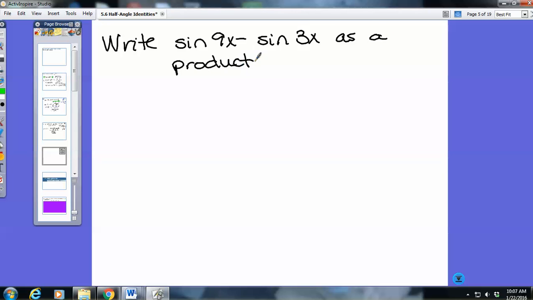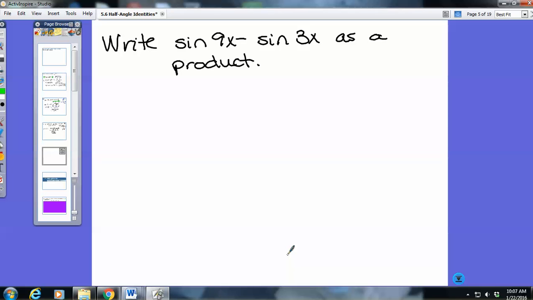Make sure you're looking at your formulas so you can pick these out yourself. Don't just wait for me to write it up here. You guys need to be able to pick them out yourself. So right now, I have two things subtracted. And I'm asking you to write it as a product. What does that mean? Multiplication.